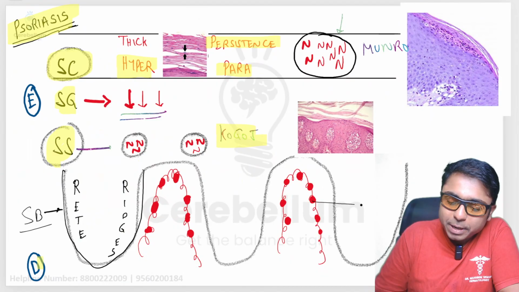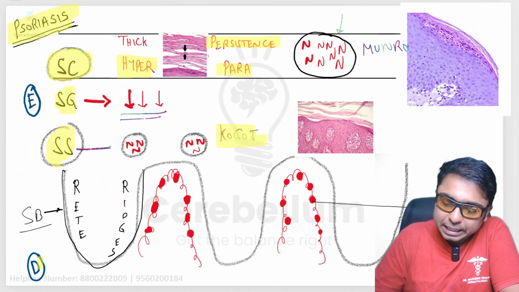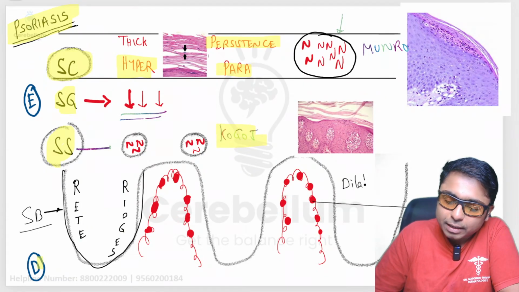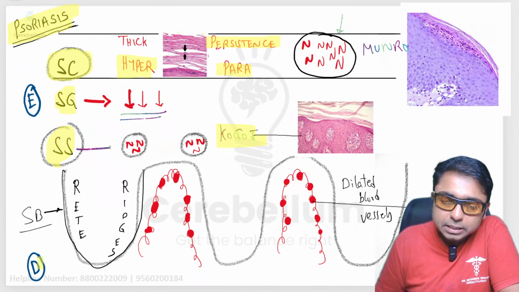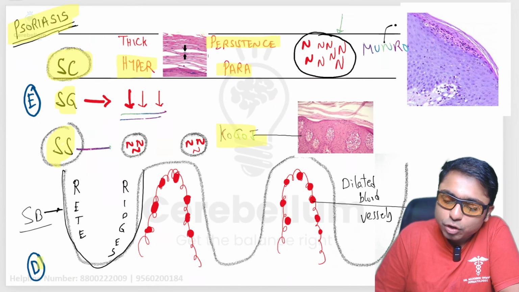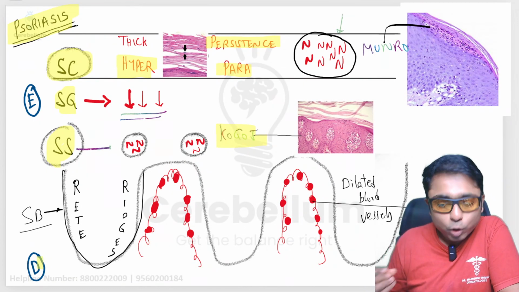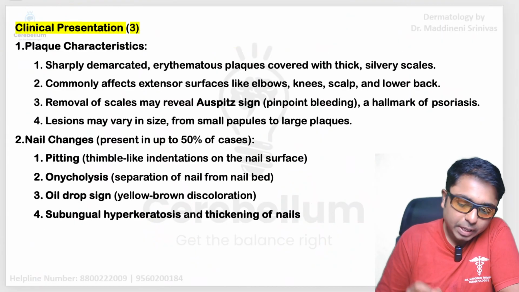And in the dermal papilla you are able to see dilated blood vessels. Here you are able to see the collection of neutrophils in the stratum spinosum, and this is the collection of neutrophils in the stratum corneum, Munro's microabscess.